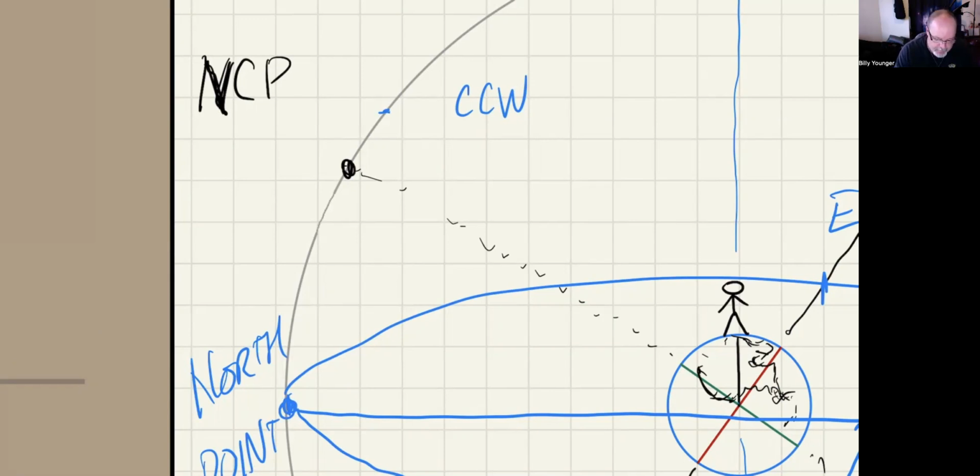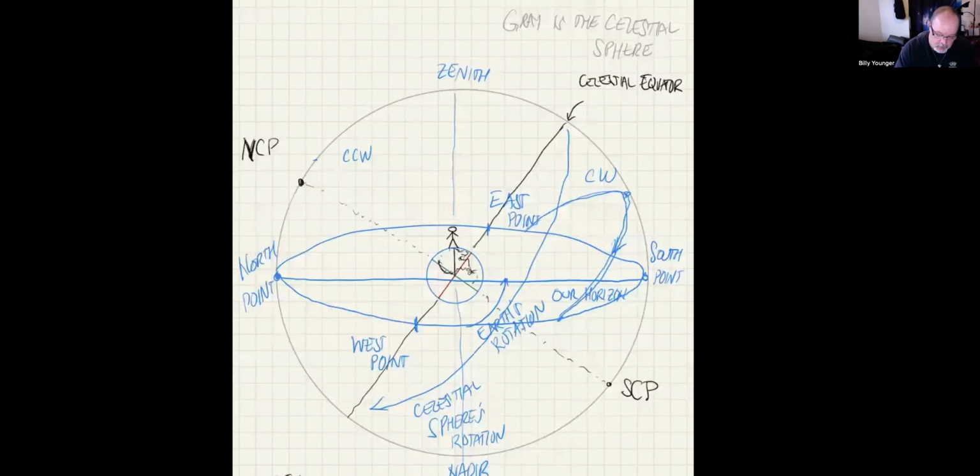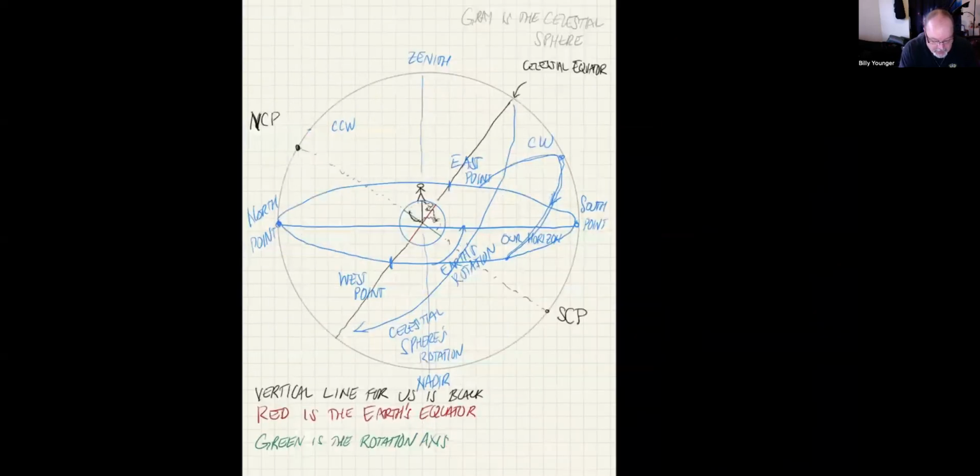Okay. So now what we'll do, it'll actually look quite odd, but if I imagine an object that's rising east of north, then what I'd see is this object might be, for instance, directly below Polaris, or it might rise, let's say, right here. If that's the case, then what we'd see is it would rise, be directly south of us at its highest point, and come back down here.